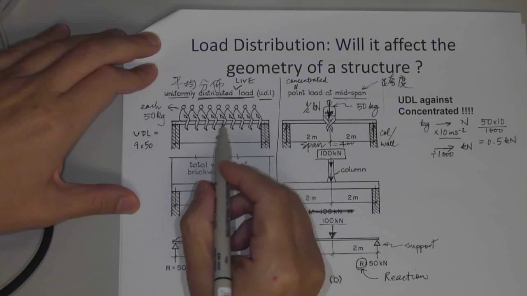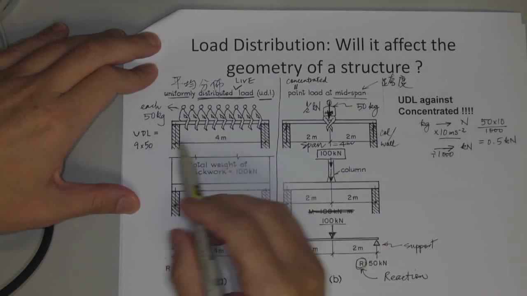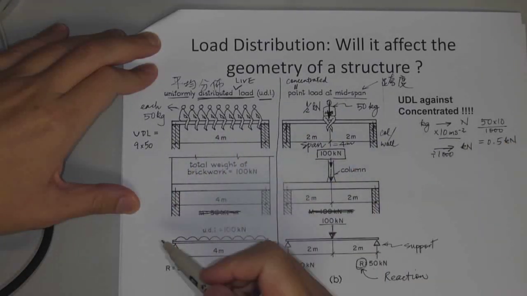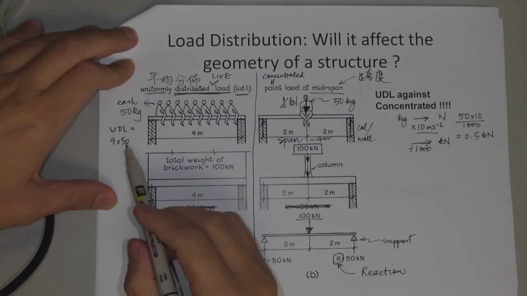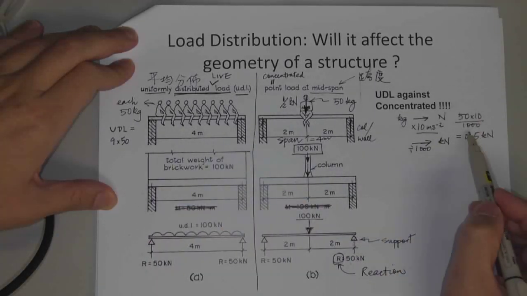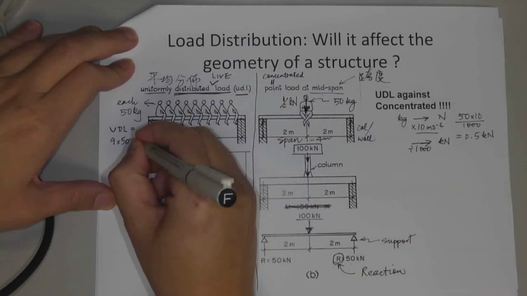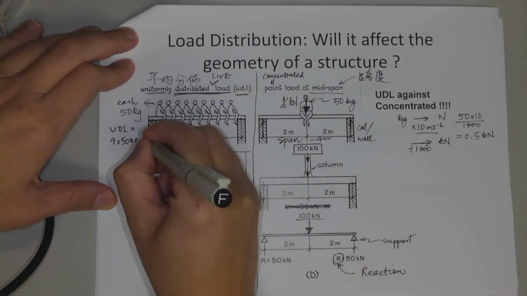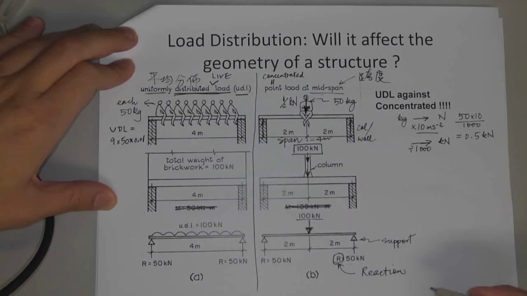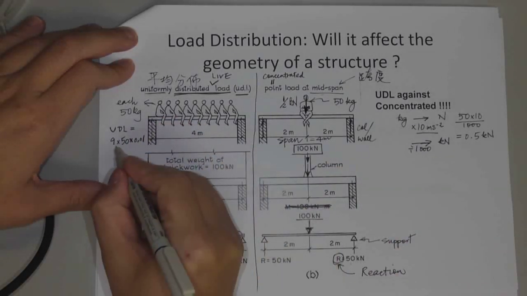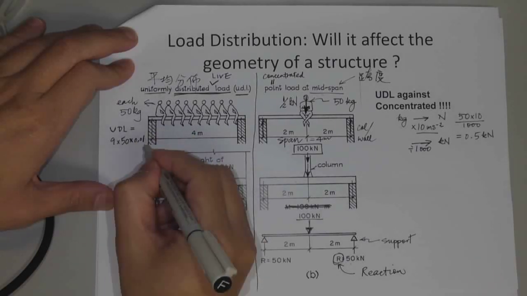And that's kilograms, so I need to change it to kilonewton. To change it to kilonewton, you multiply by 10 and then divide by 1,000. That means I multiply by 0.01. That gives me kilonewton for the total weight.